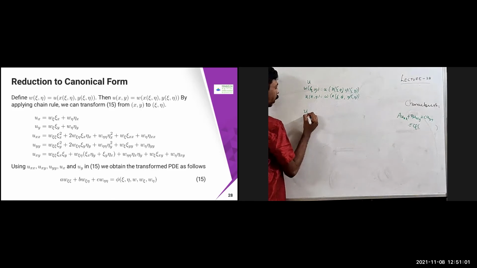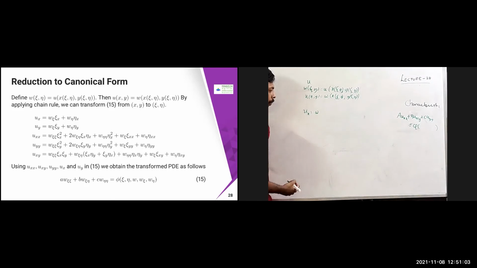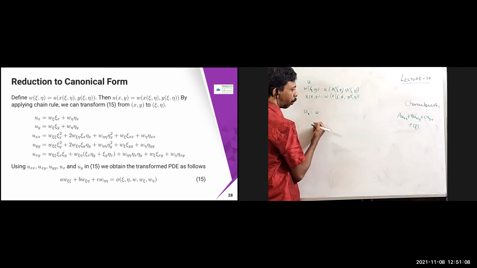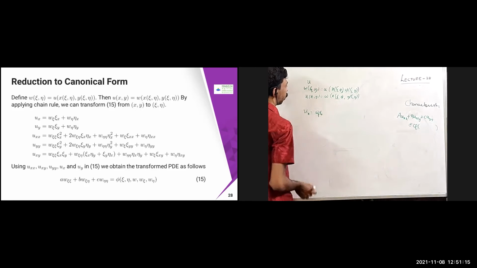So u_x is going to become w, because w is a function of chi and eta.